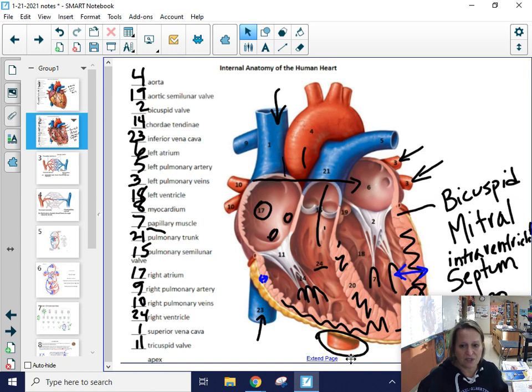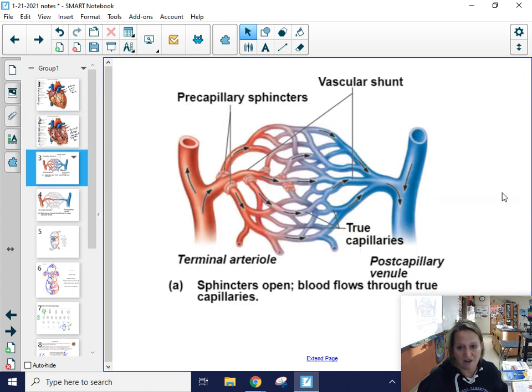And that is going to branch off into smaller and smaller and smaller arteries to feed each and every tissue bed that we have in our body. So throughout our tissues, we have blood coming in through arterioles, which are the smallest of the arteries, and they branch into the capillary beds.